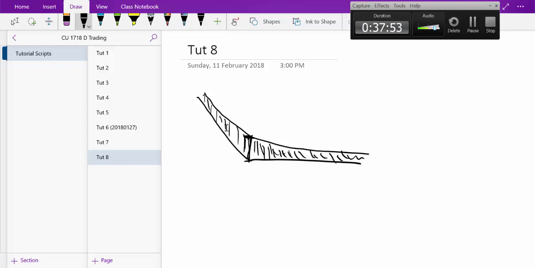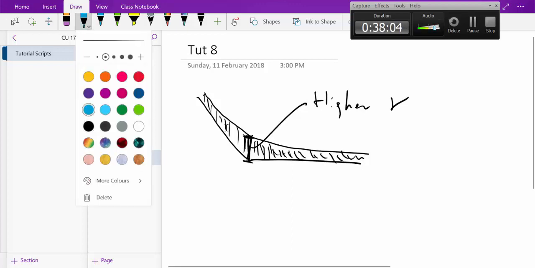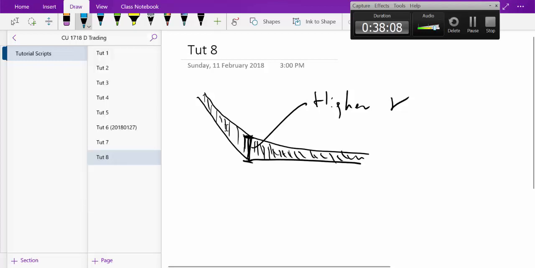And the thicker this area is, the higher the vega. When you raise volatility, and let me use a different color, your payoff curve now becomes like this. So naturally this area would increase, so of course your vega would go up.